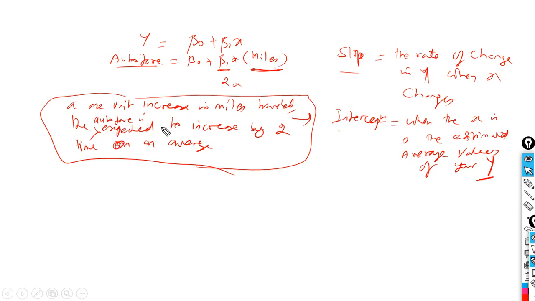Okay, fine. So now you understood what is slope and what is intercept.